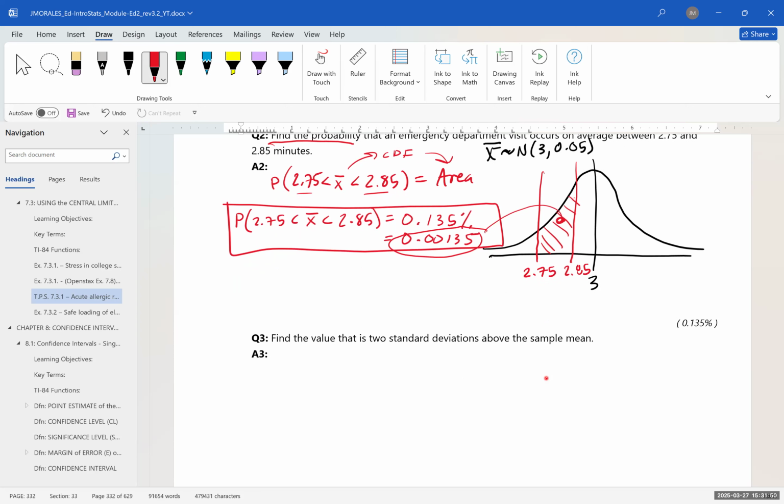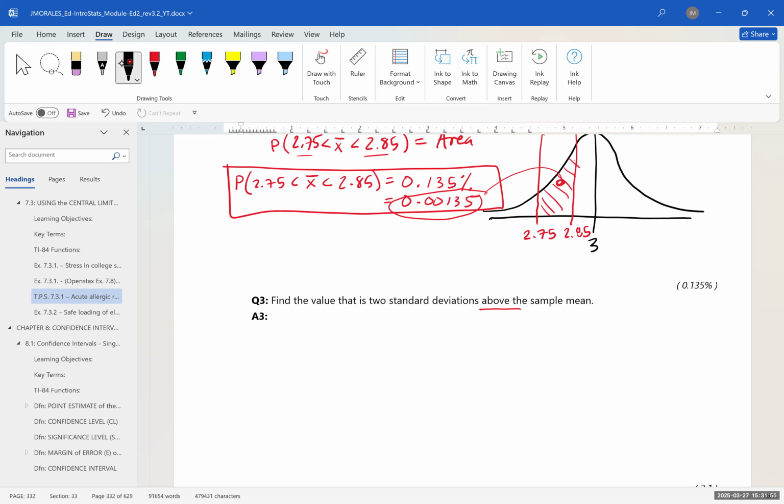Okay, find the value that is 2 standard deviations above the sample mean. So the value that we want, we're going to use this algebraic relationship. So this is like the inverse function for calculating a z-score. And let's see, the standard deviation was 0.05. Because we want values above the mean, that'll make this a positive 2.